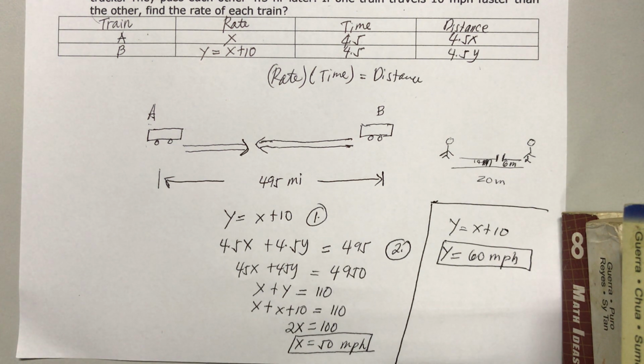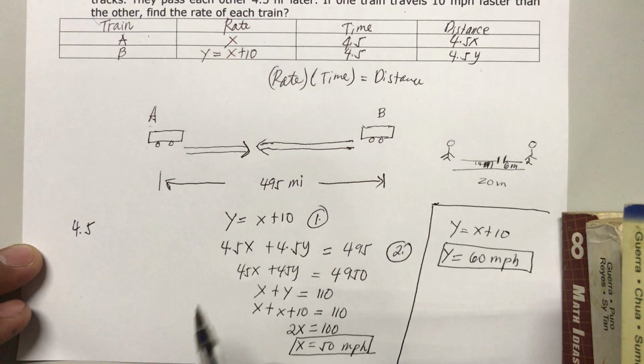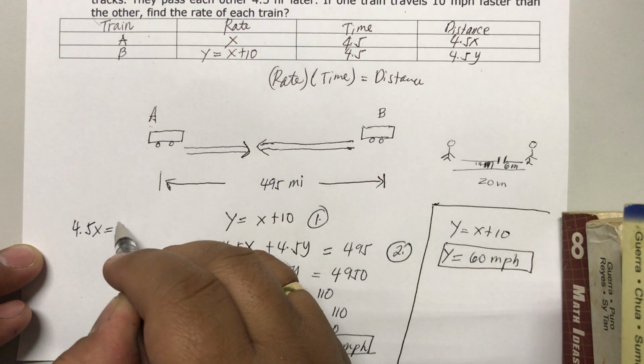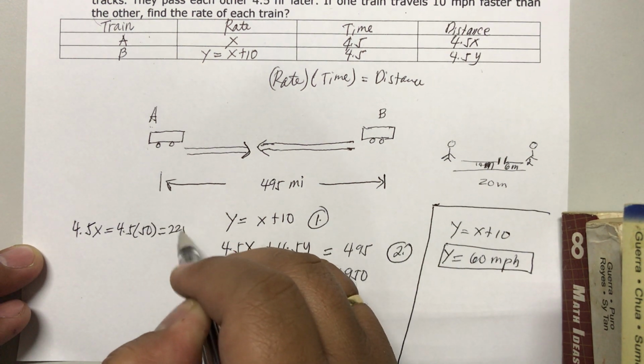You simply multiply the rate and the time, since distance is rate times time. So 4.5x, or 4.5 times 50, will be 225.